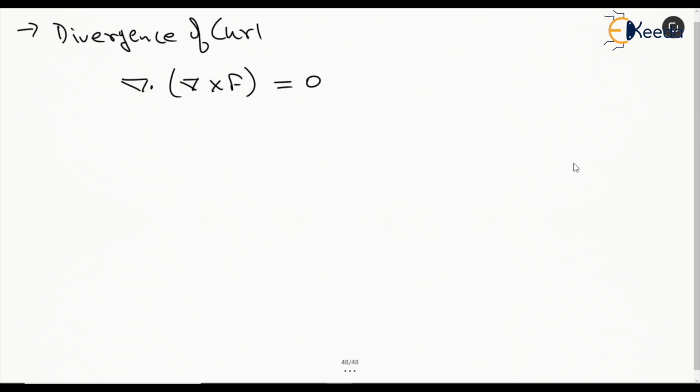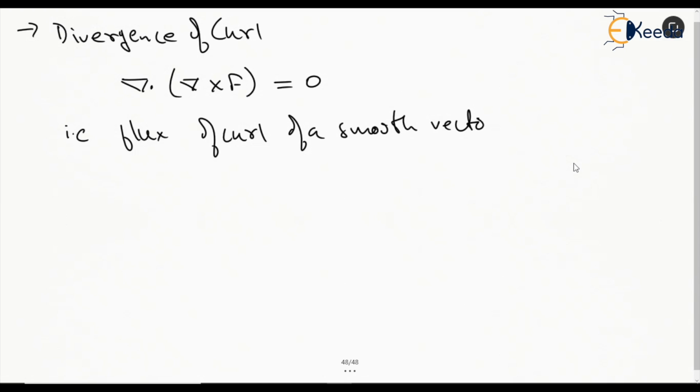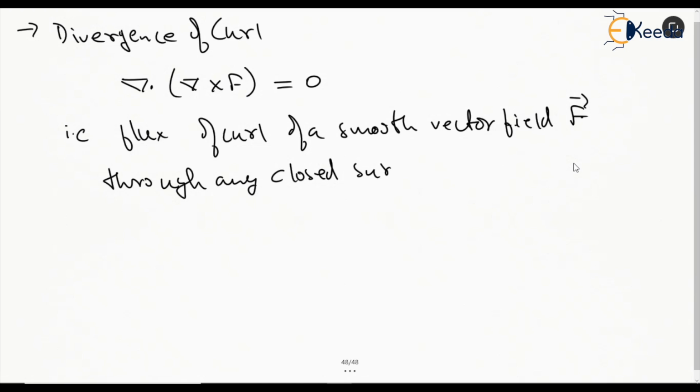That is, the flux or the fluid movement of curl of a smooth vector field F through any closed surface is always 0, right? And this is why we'll get the divergence of the curl to be 0.